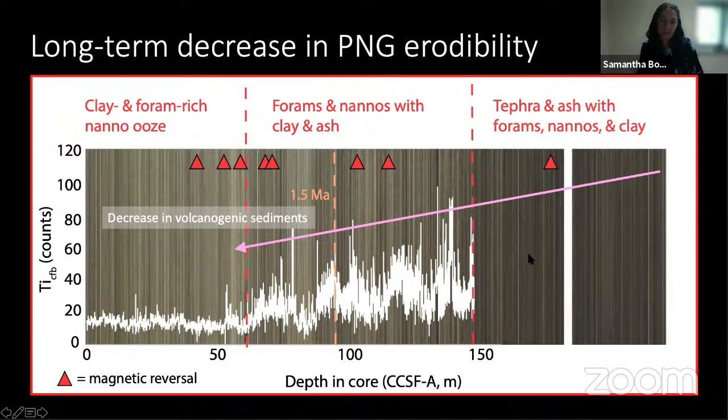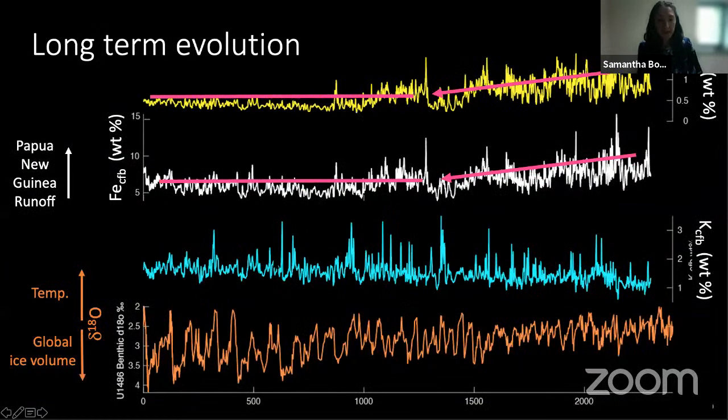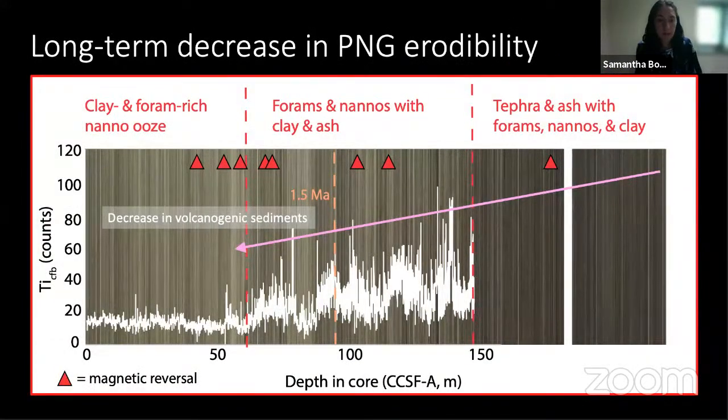You can see that this is reflected in the color as well, and we see a decrease in the amount of volcanic material. What you'll notice is that the potassium does not show this change, and it's likely that this volcanogenic material was a low potassium mafic type chemistry.